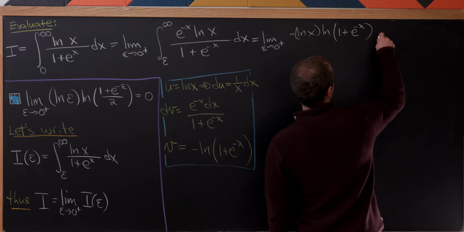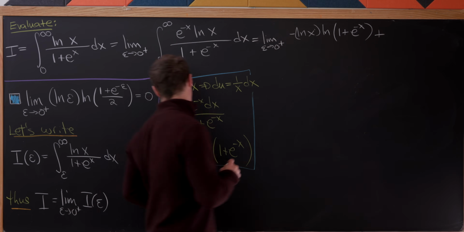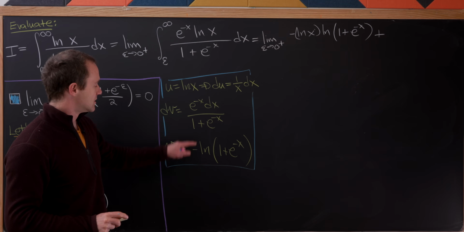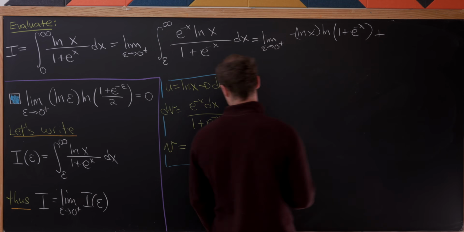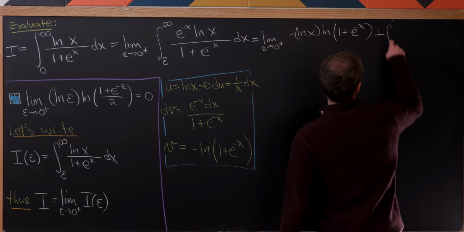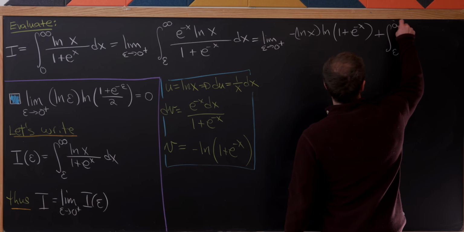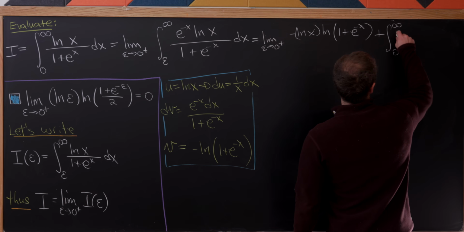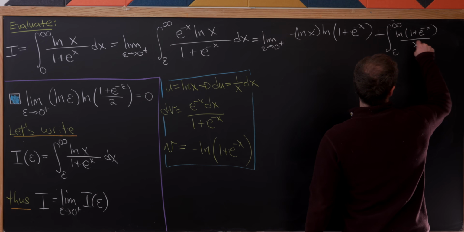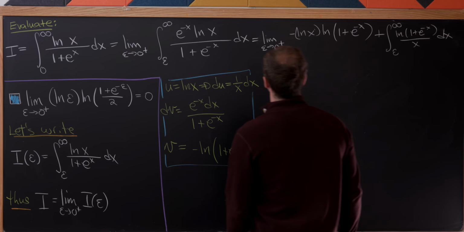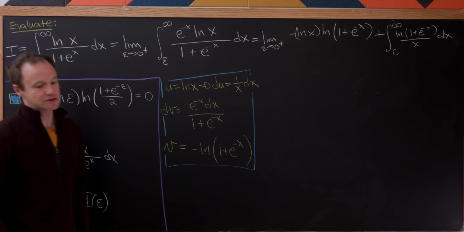And then we'll have minus the integral of v du. But notice our v has a minus sign built in, so those will cancel to a plus. And we'll have plus the integral from epsilon up to infinity of natural log of 1 plus e to the minus x over x dx. Okay, so I think that's looking good so far.